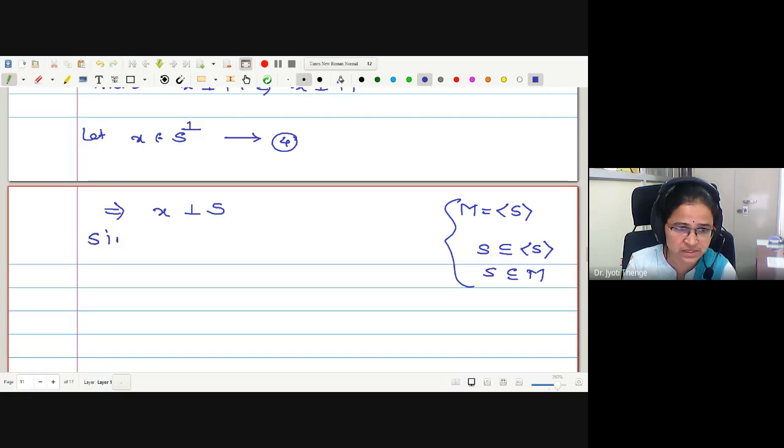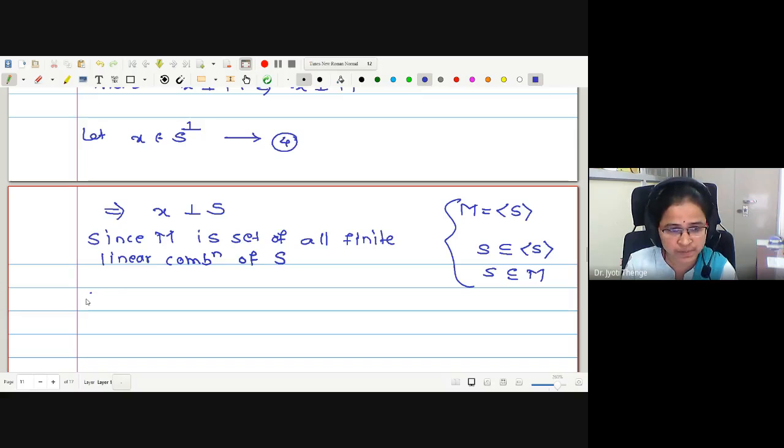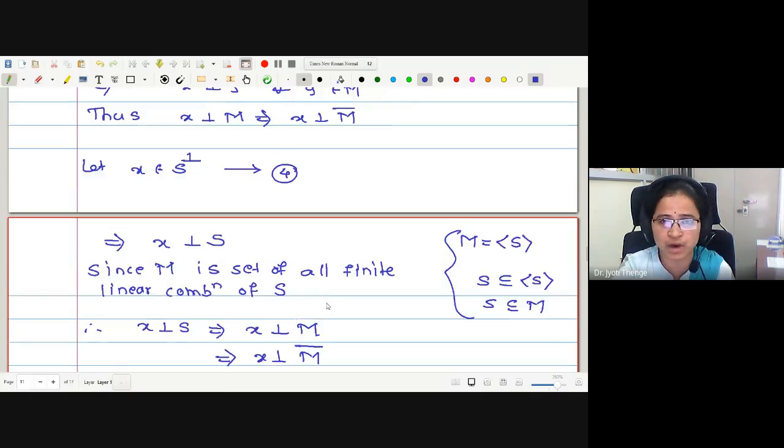Therefore, here I'll write, since M is the set of all finite linear combinations of S, x orthogonal to S implies x is orthogonal to M. But just now we have proved x orthogonal to M implies x orthogonal to M bar.